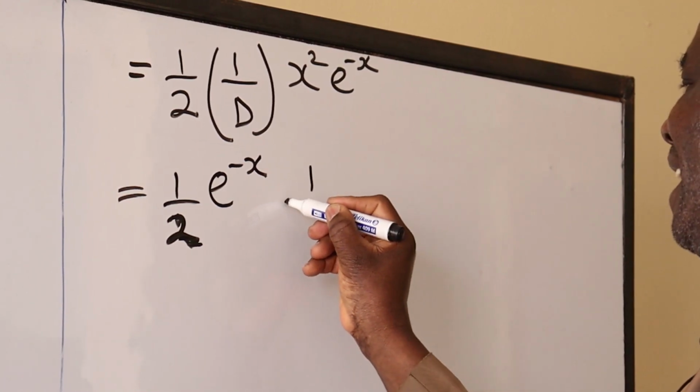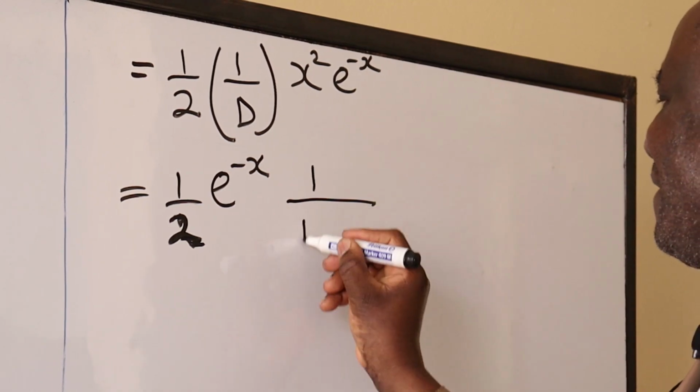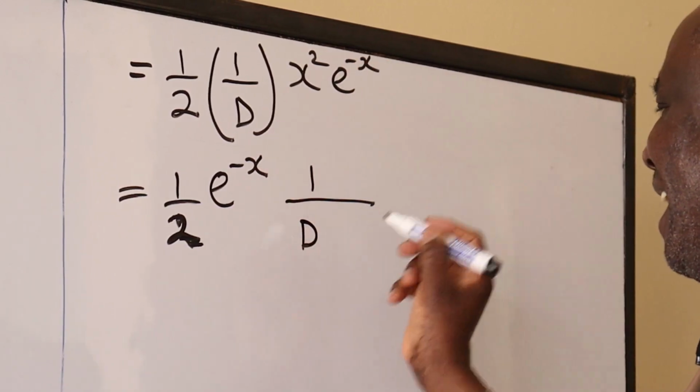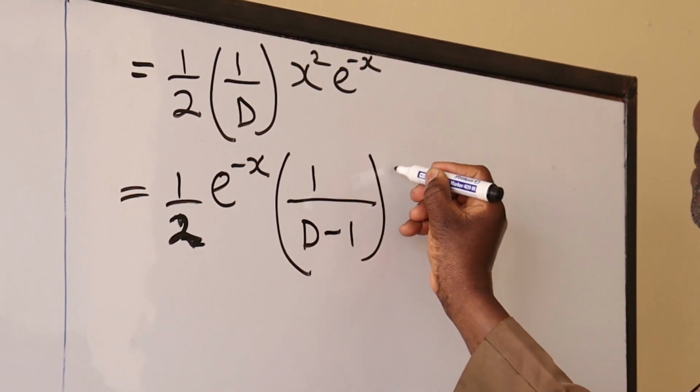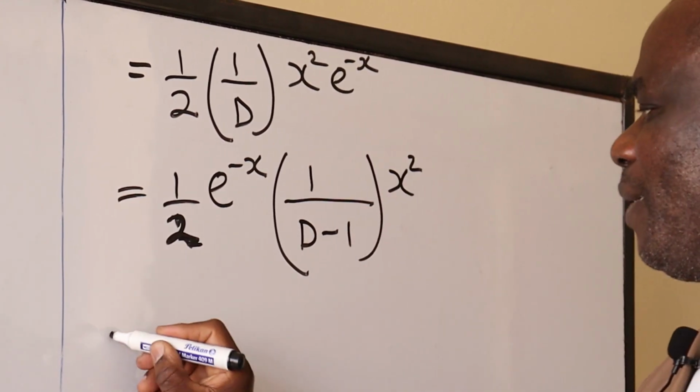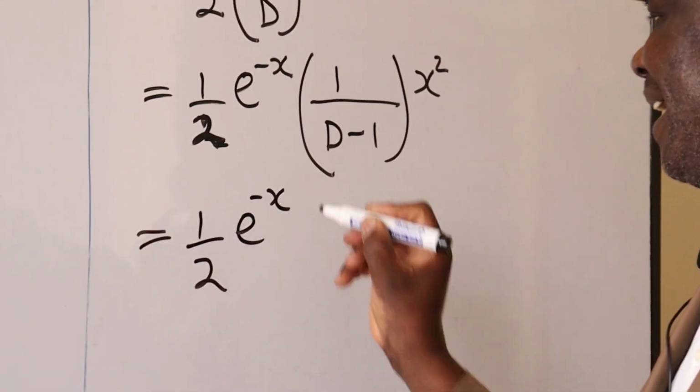Then where there was a D, we insert D plus a, so D plus negative 1. So D minus 1. And now this one is multiplying what? X squared, which equals a half exponential negative x.